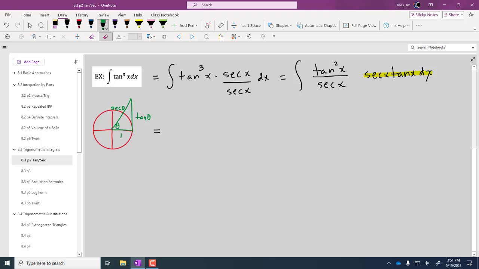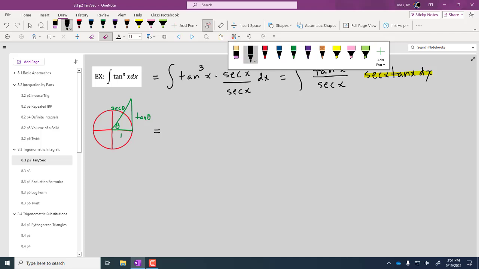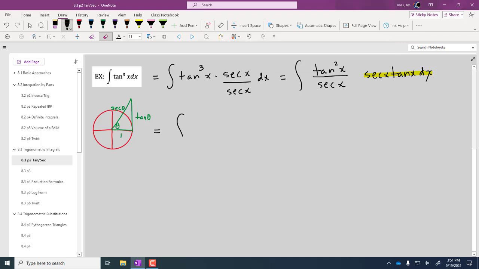That visual allows you to use this Pythagorean theorem really nicely. Tangent squared is secant squared minus 1. So we have secant squared minus 1 in the numerator. We have a secant in the denominator. And then we have this sectan that we pulled off earlier, just waiting patiently for our u substitution.